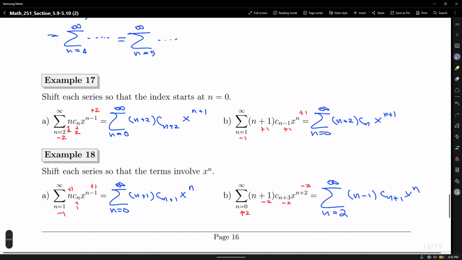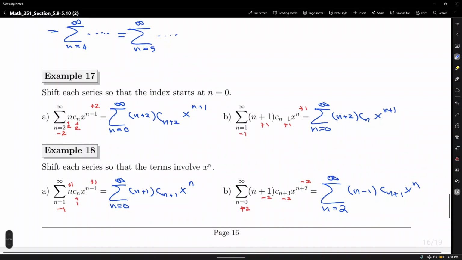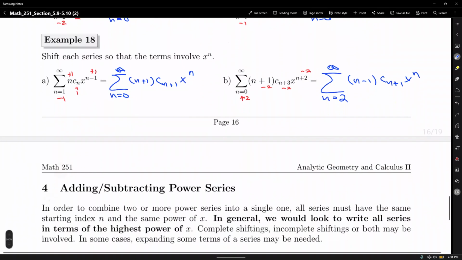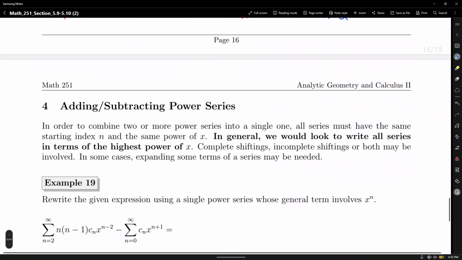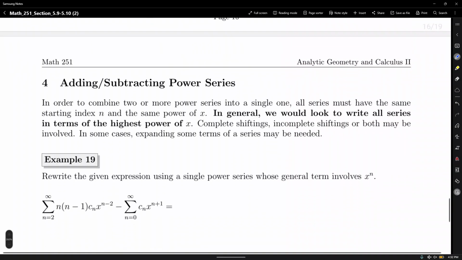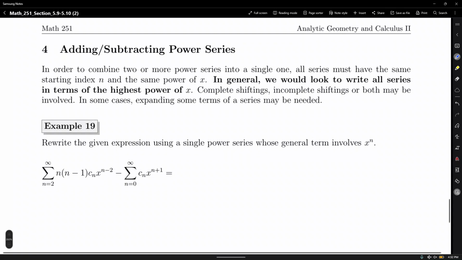All right. Okay, so let's see what we are going to do next. Finally, we are going to add and subtract power series. So now that you have an idea of how the shiftings go, that is incomplete shifting and complete shifting, this is where we're going to play some puzzles to group them together.